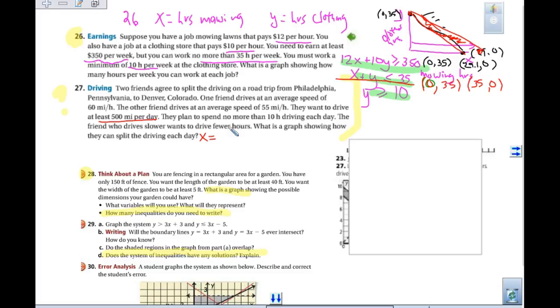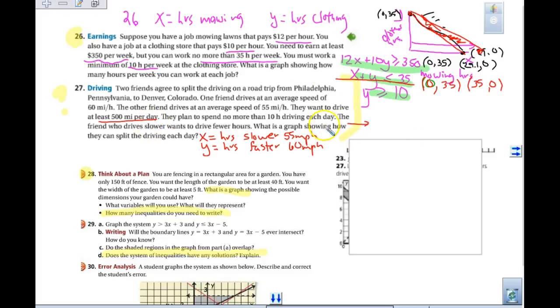So I thought of X as being my slower driver, the hours of the slower driver, the person going 55 miles per hour. And my Y I picked to be the hours of the faster driver, the person going 60 miles per hour.